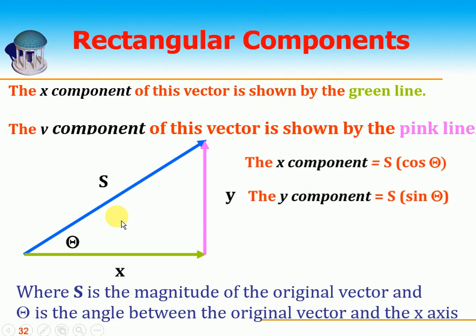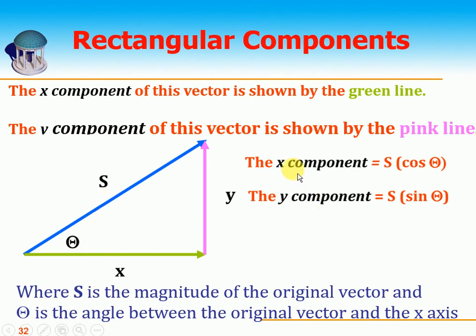Now, if I need to find the magnitude in terms of some mathematical relationships, you know that I use the trigonometric relations. So if I say cos theta is equal to base upon hypotenuse, cos theta is x by S. Opposite to the angle 90 is basically the hypotenuse, and the adjacent side is the base.